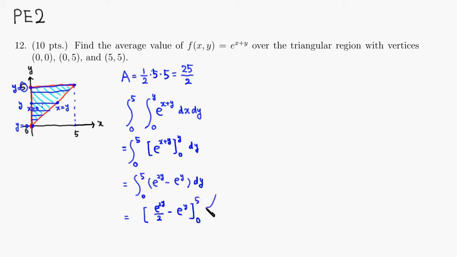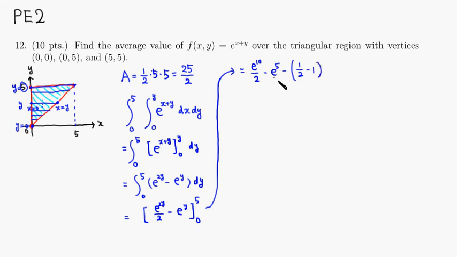So plug in 5: you have e to the 10 over 2, minus e to the 5. Minus, then you have e to the 0 is 1, so it's 1/2, minus e to the 0, which is 1.